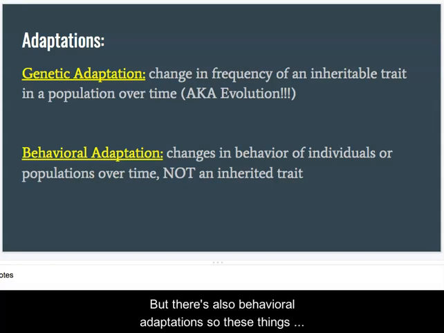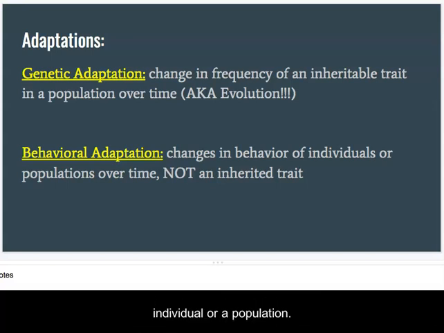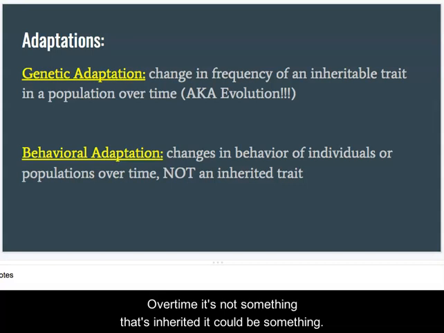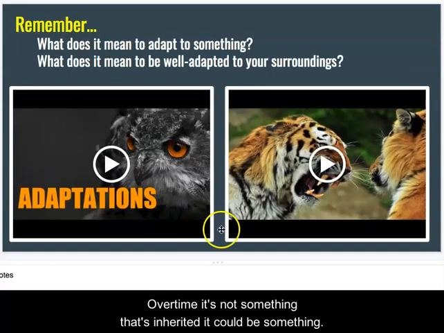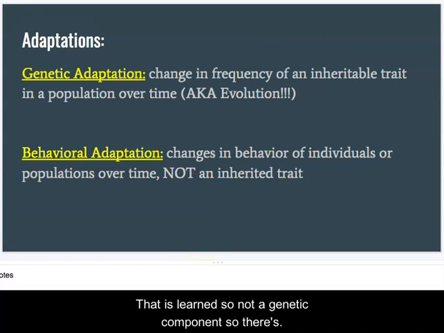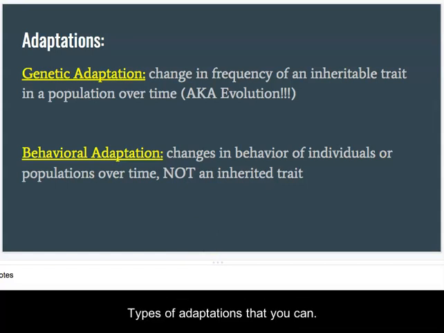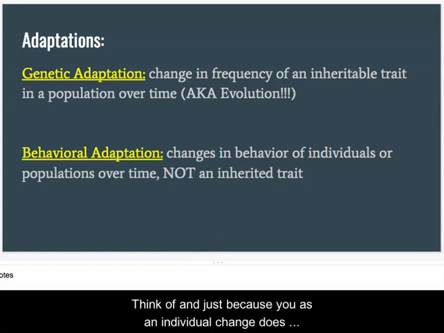So these things might be the change in behavior of a specific individual or a population over time. It's not something that's inherited. It could be something that is learned. So not a genetic component. So there's different types of adaptations that you can think of.